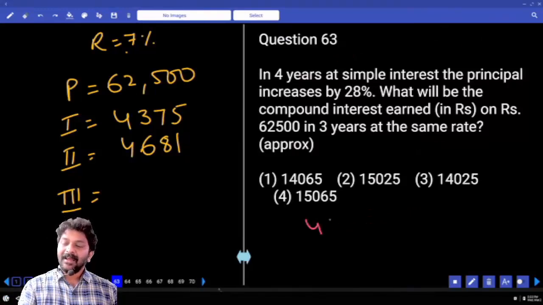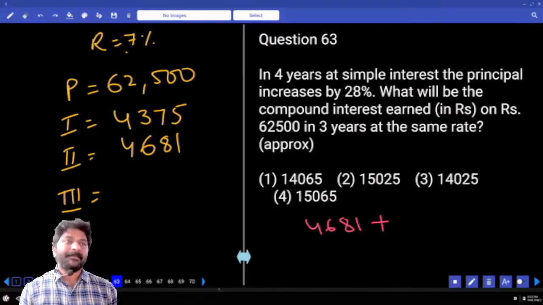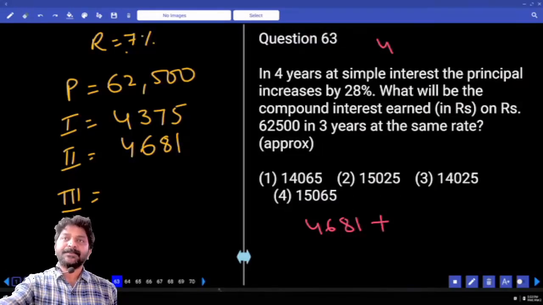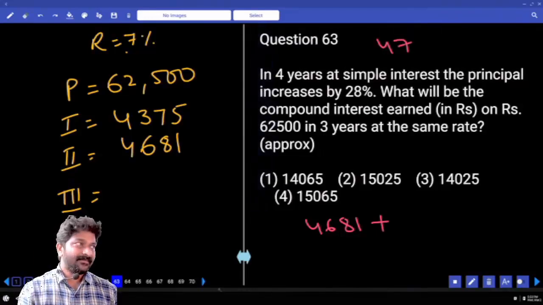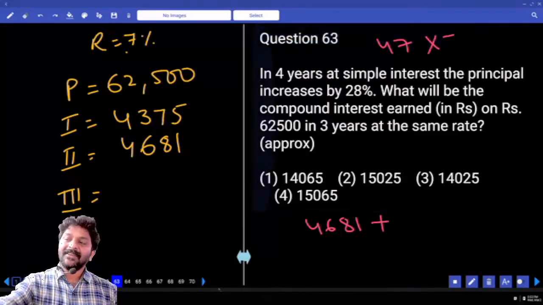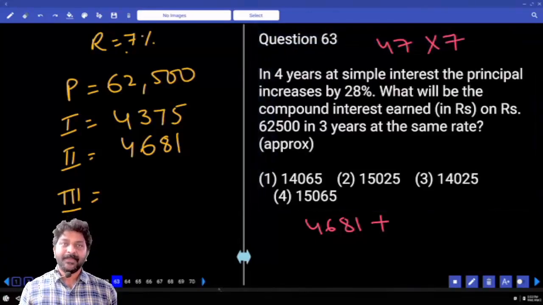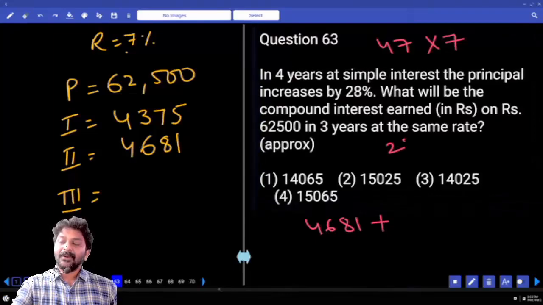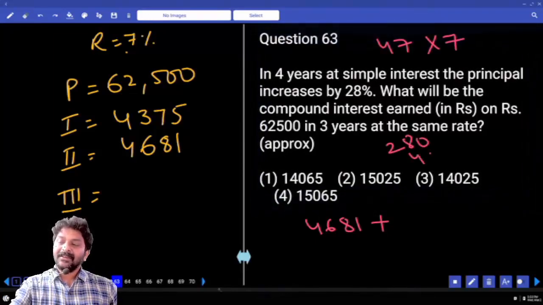Next, third year, upon 4,681, we have to add 7%. Correct? What is 1%? 46.8. Approximately, I will treat it as 47. 1%. 7% in the sense into 7. 47s, 280. 7 7s, 49.